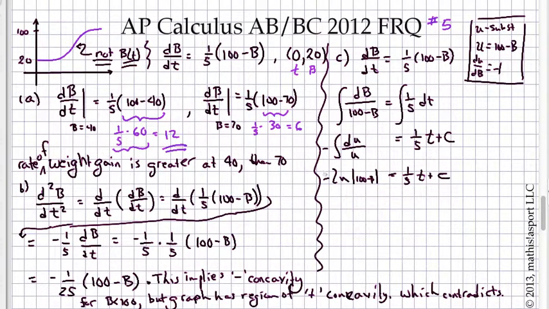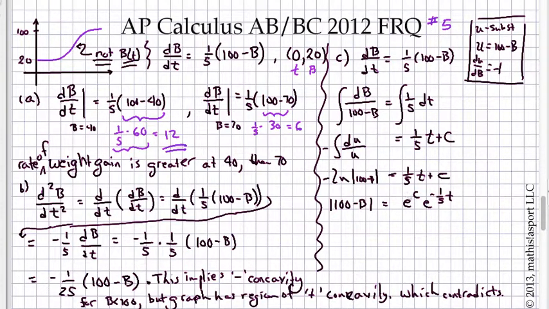We'll move the negative sign over to the other side of the equation and then exponentiate both sides to get the absolute value of 100 minus B equals e to the c, e to the -1/5 t.